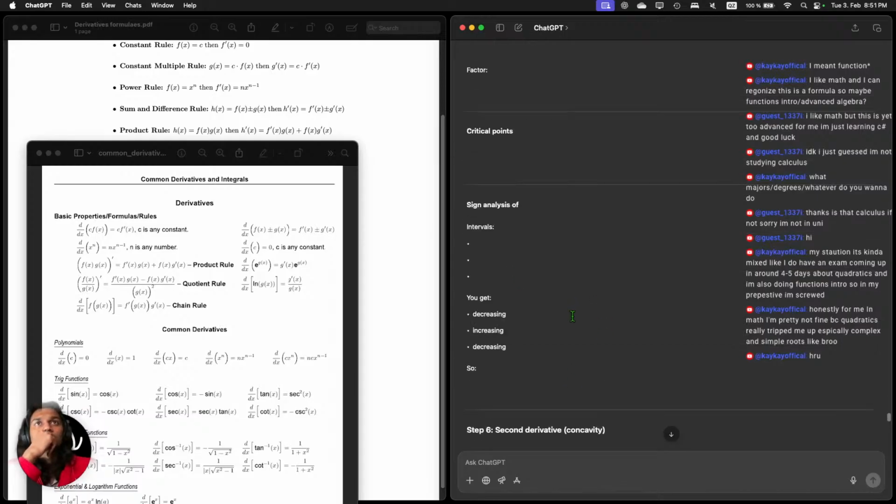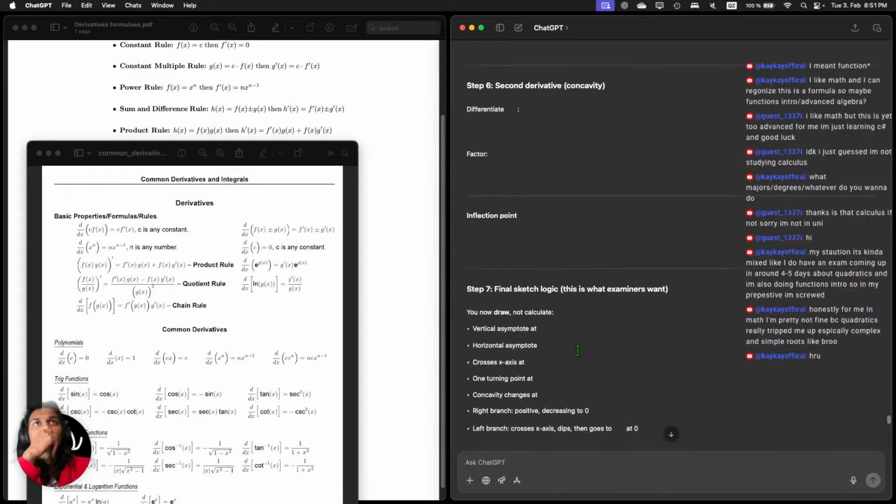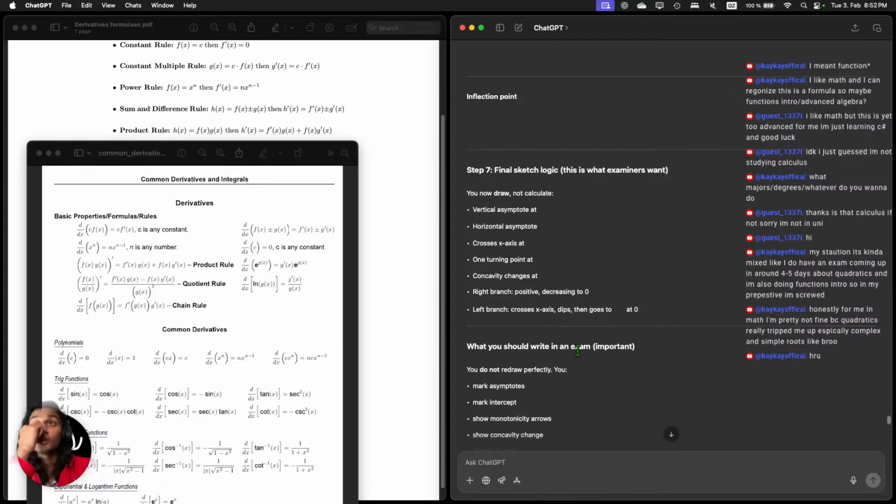Ah, yes. Sign analysis, intervals, second derivative, final sketch. This is what examiners want. So you have to do all that just for the final sketch?